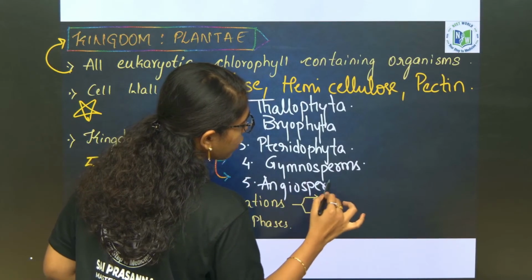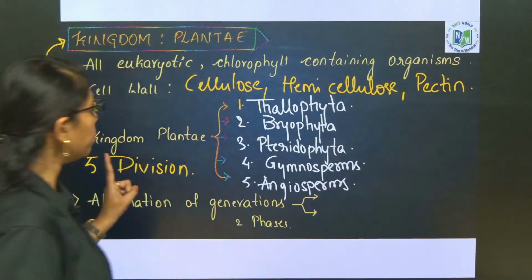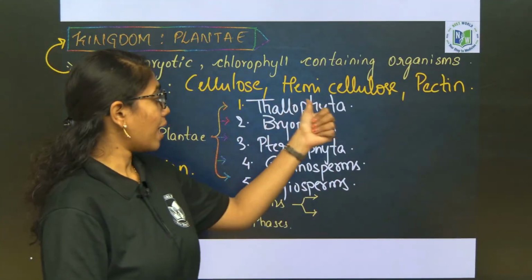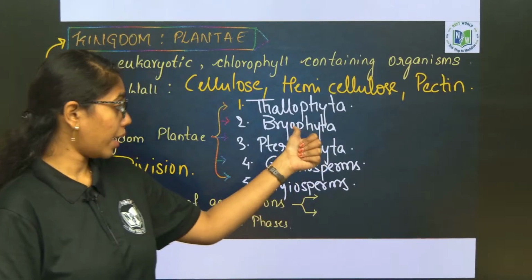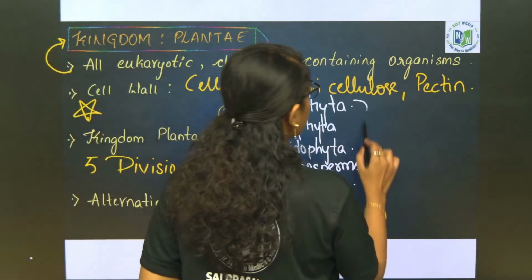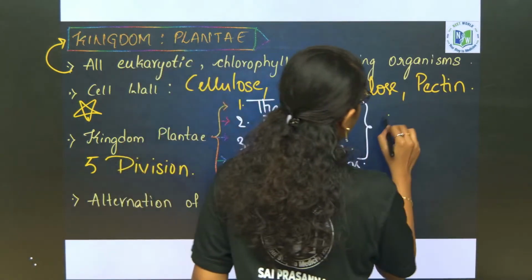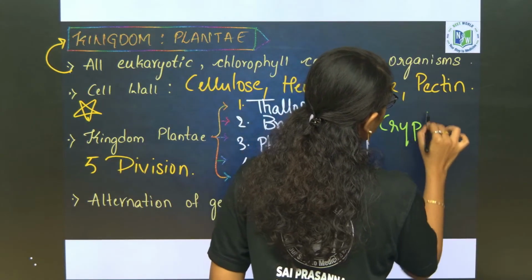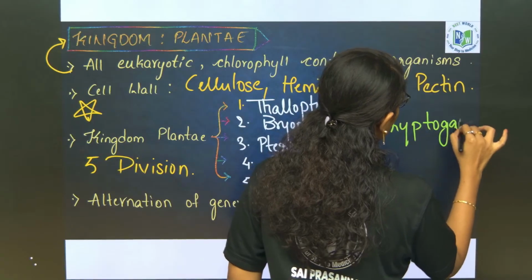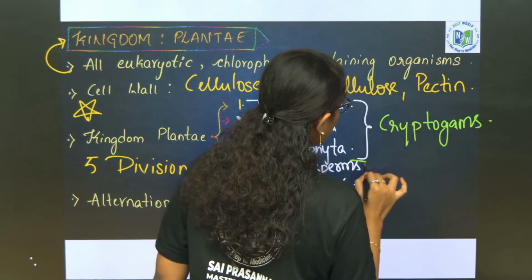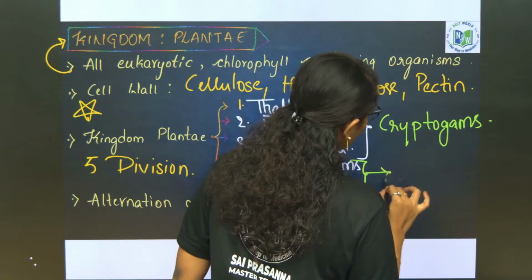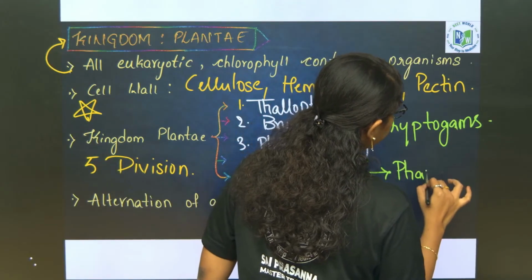These are the 5 divisions under the kingdom Plantae, of which thallophyta, that is algae, bryophyta and pteridophyta are considered as cryptogams. Gymnosperms and angiosperms are phanerogams, which are flowering plants.